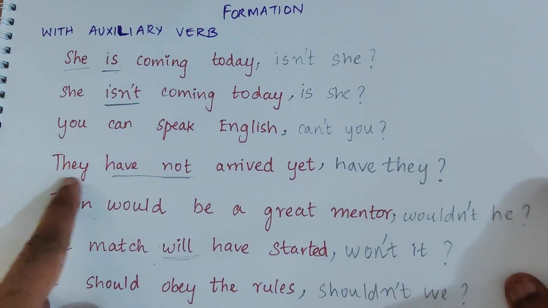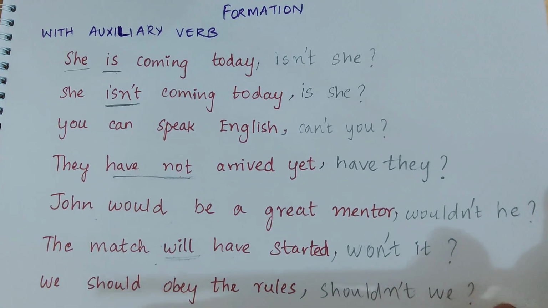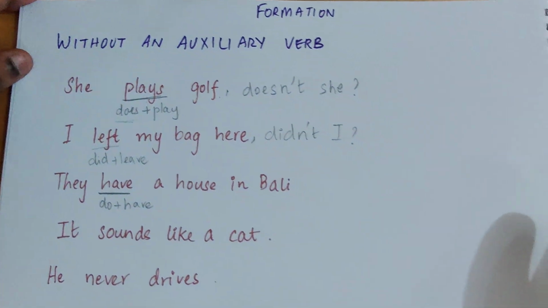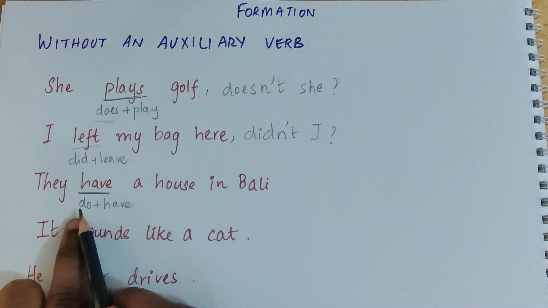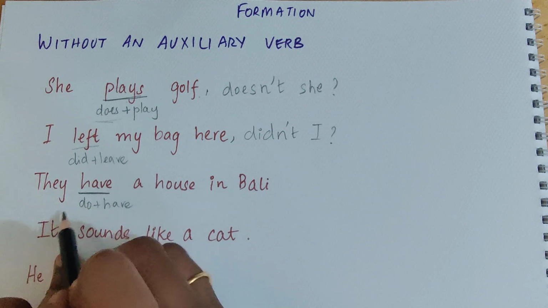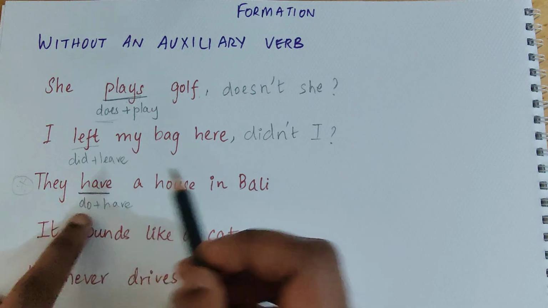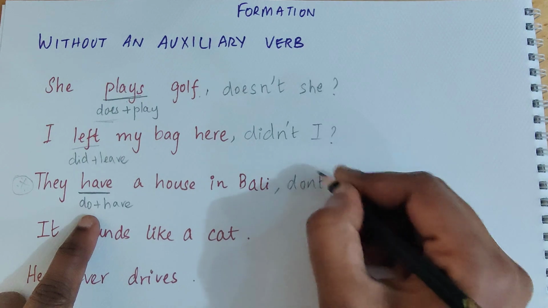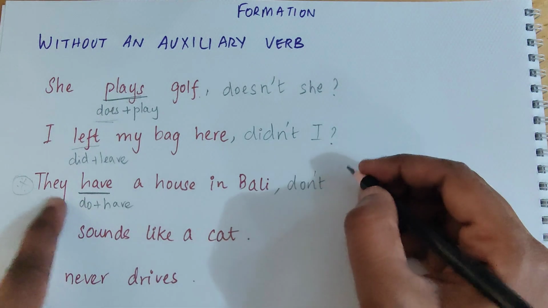In this place, have is a helping verb: have not arrived yet. Have as a main verb takes the form do plus have. So please make a note of this. Here we have to use don't, the negative tag of do. They.